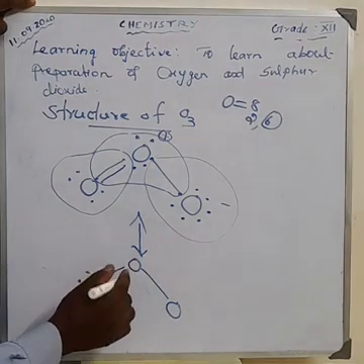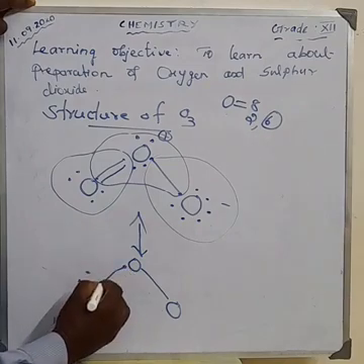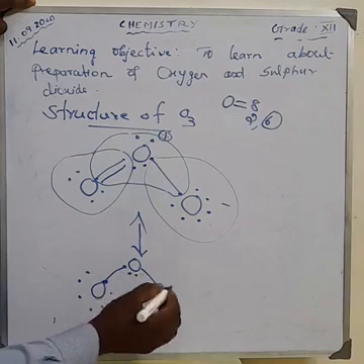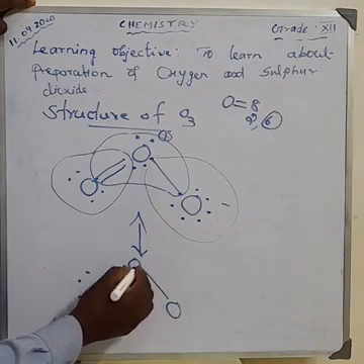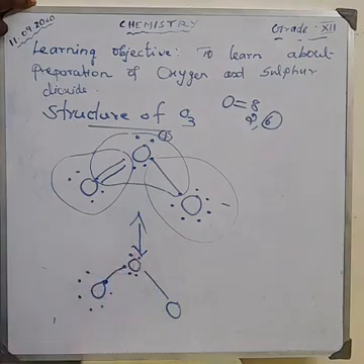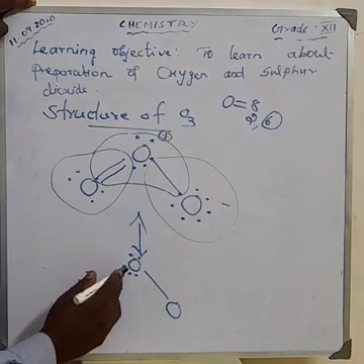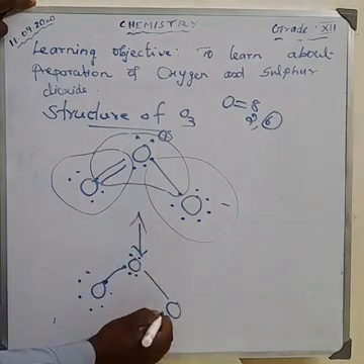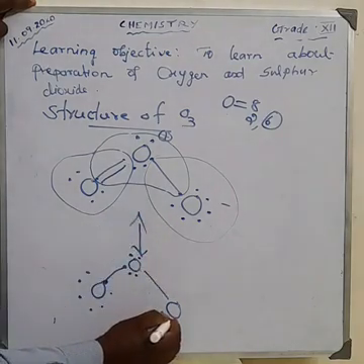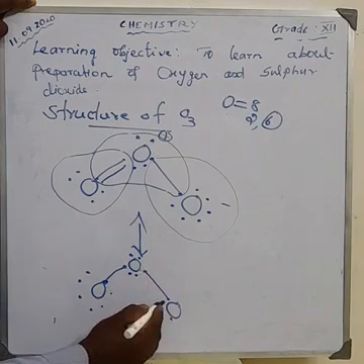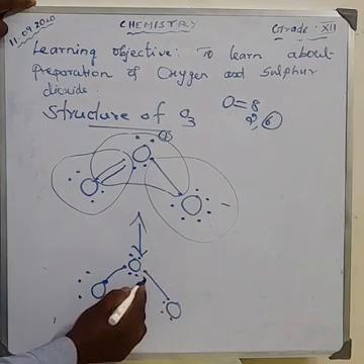For this oxygen, 1, 2, 3, 4, 5, 6. This one is also over. What about this oxygen? 1, 2, 3, 4, 5, 6.